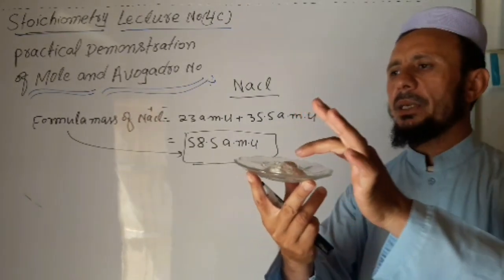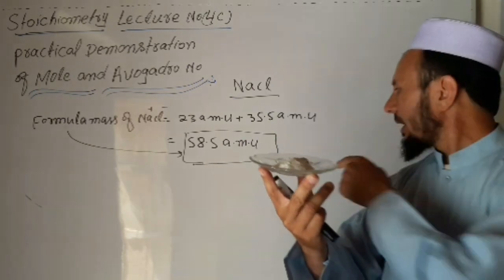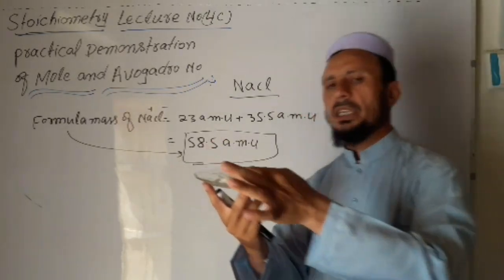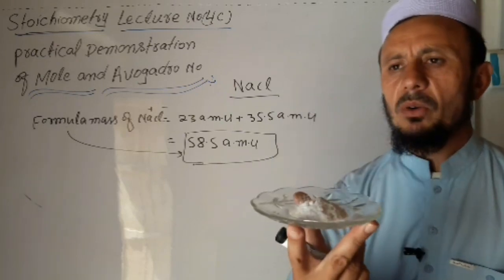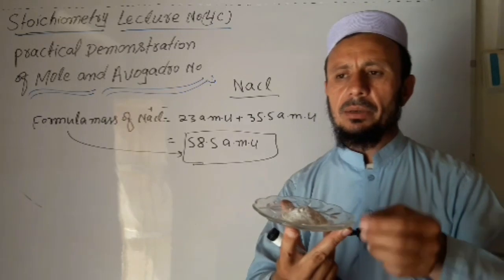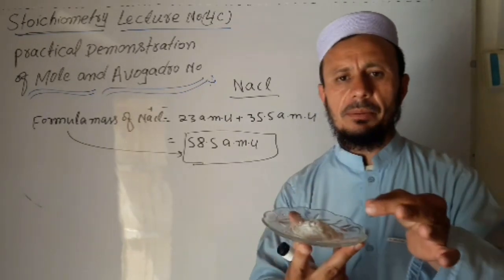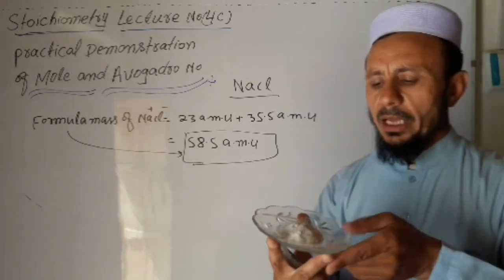This is 58.5 gram NaCl and the AMU has been replaced by gram. Therefore, this amount of sodium chloride is called 1 mole and 58.5 gram is called the molar mass of sodium chloride.